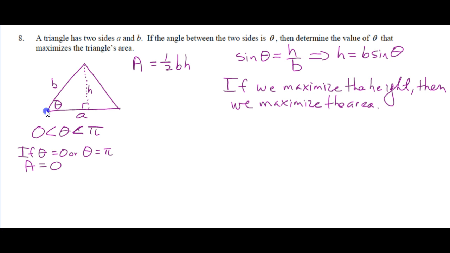So all we really need to deal with is h is equal to b sine theta. And we want dh by d theta, right? So as we change the angle, the height is going to change.